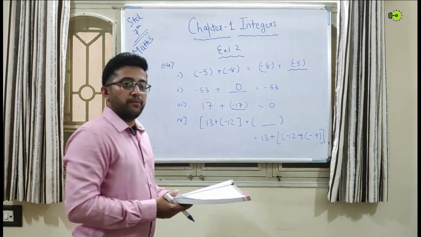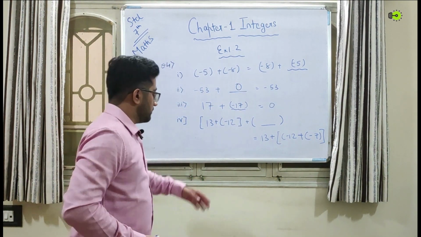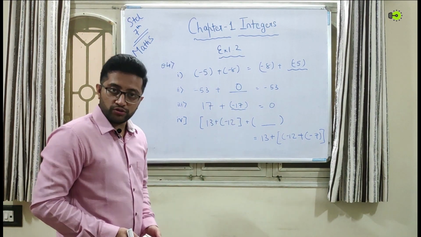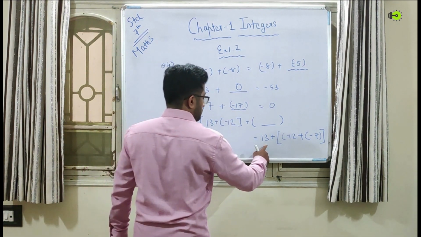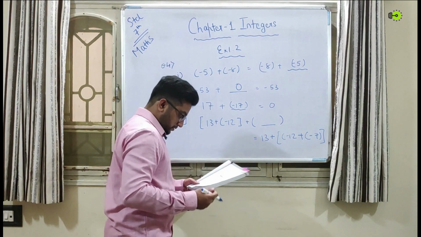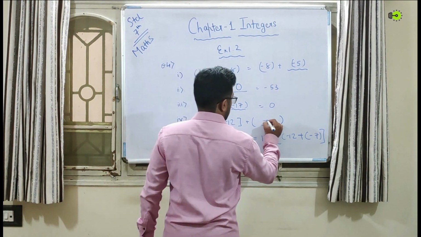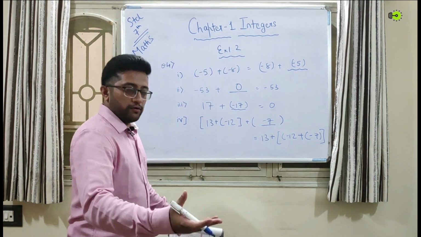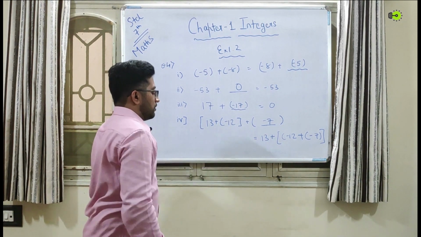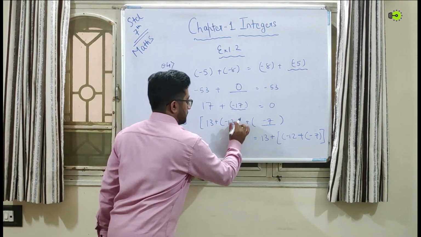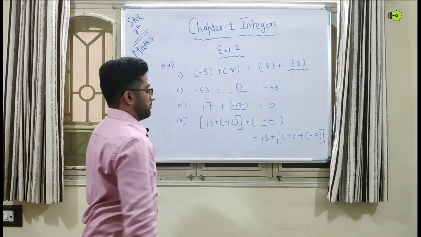So if you remember what I taught you, this is based on grouping, that is the associative property. Here we just have to see the missing number, that is minus 7, and put it here. We know that grouping of the numbers will not affect the result.